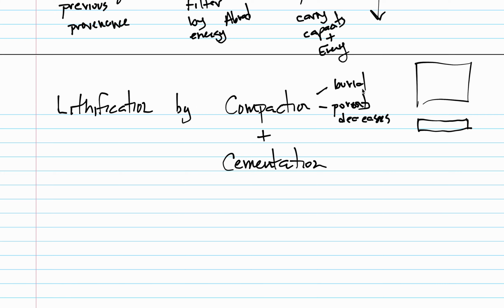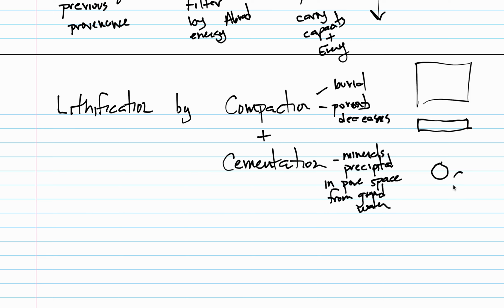The other process for lithification is cementation. This means cement: minerals precipitate in pore space from groundwater. There's groundwater basically everywhere in the subsurface, and a lot of times there's material inside that water that wants to make crystals, so some of it precipitates out and makes a natural cement.